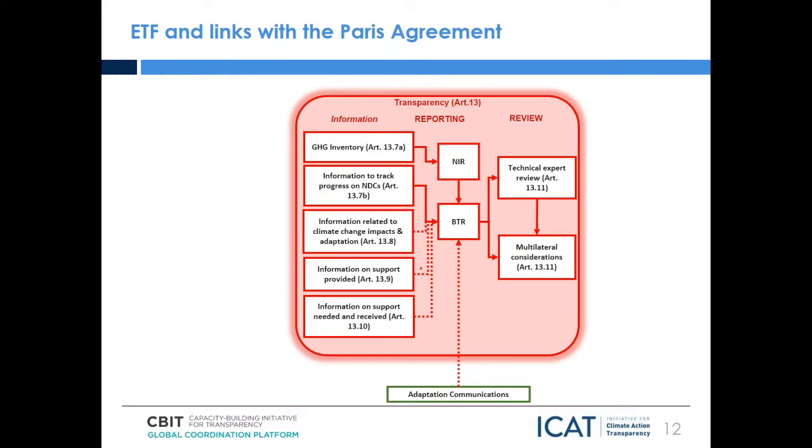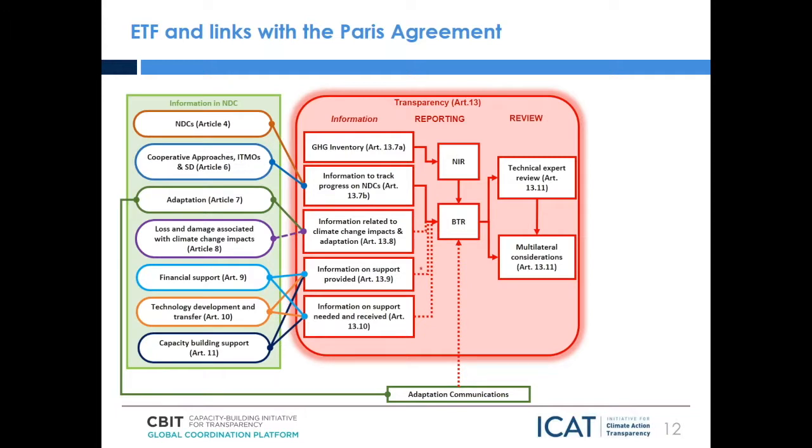Then we have on the left here the information that should be included in the new NDCs as per Article 4, 6, 7, 8, 9, 10, and 11. And this is information that is linked to the first column of the red area, basically. One extra note maybe on one of these articles, which is Article 8 on loss and damage.